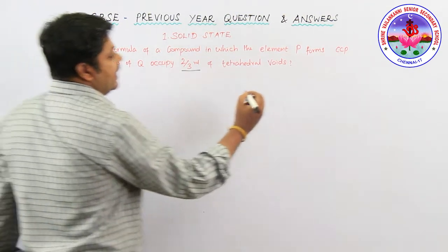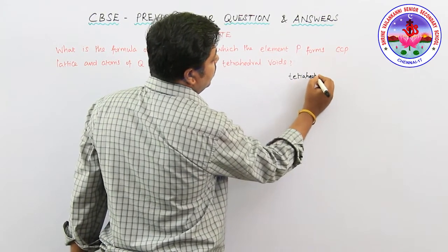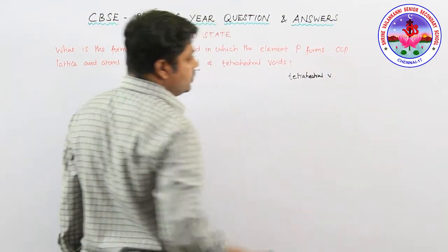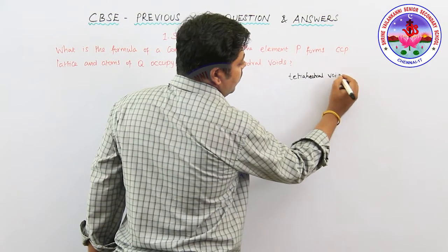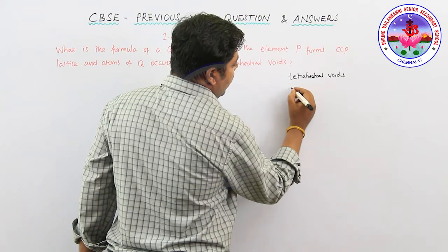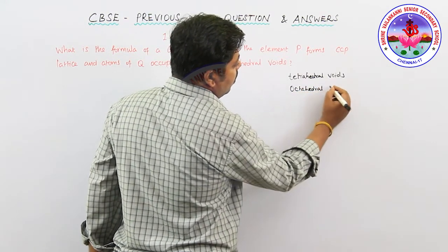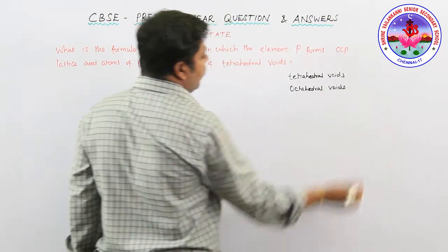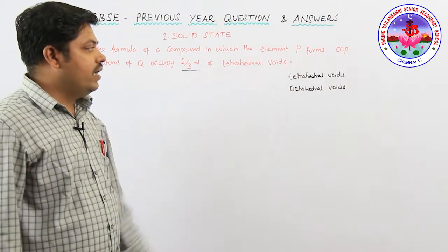One is the tetrahedral void, in a closed sphere packing, and another one is the octahedral void.